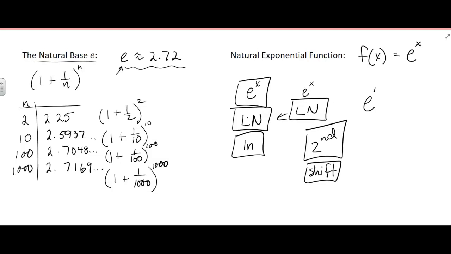Okay, so I hit the second key, and then I hit on my calculator the LN button. Whoops, forgot to hit the second LN. Okay, on my calculator then, in the display box, it shows e, and then it's got a little arrow thing and a parenthesis.